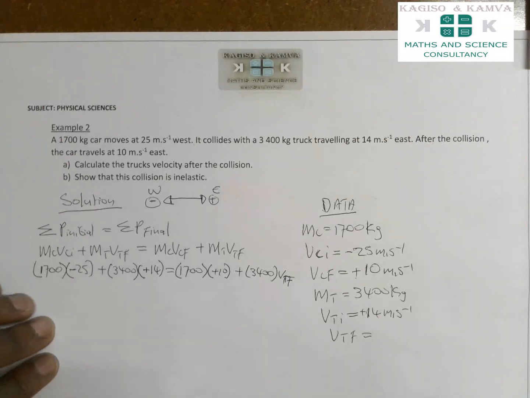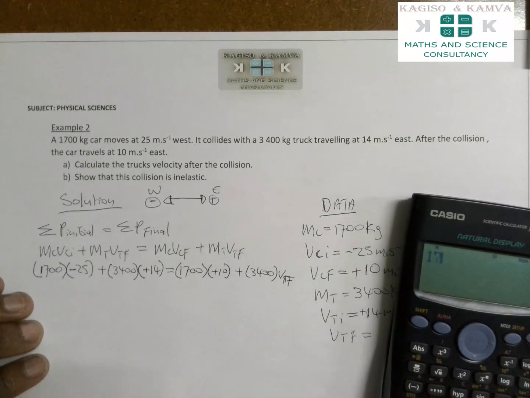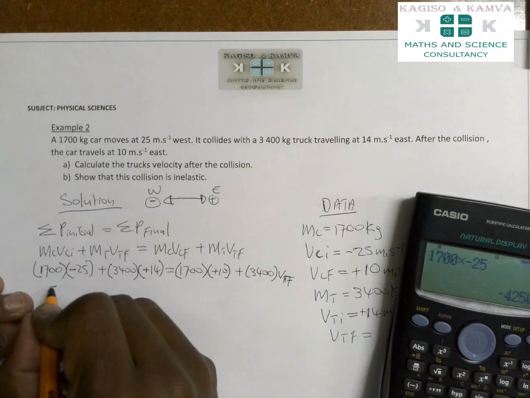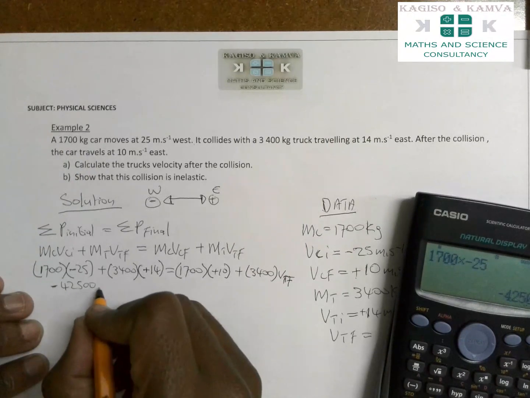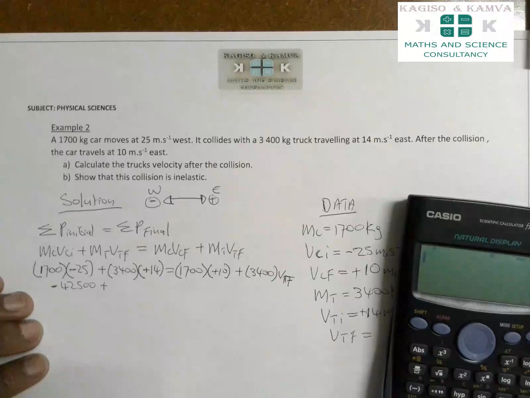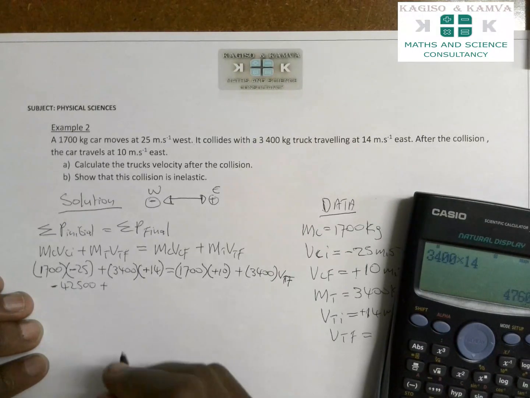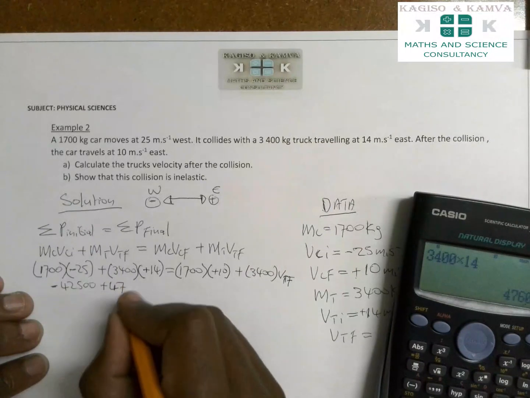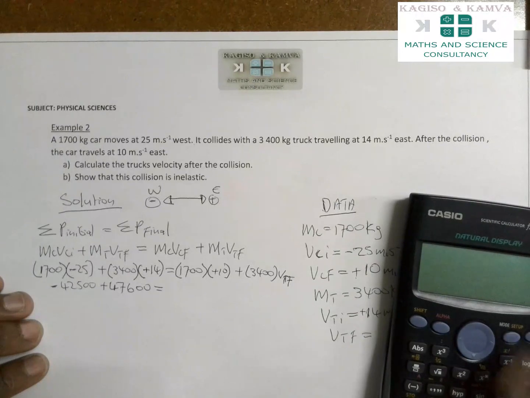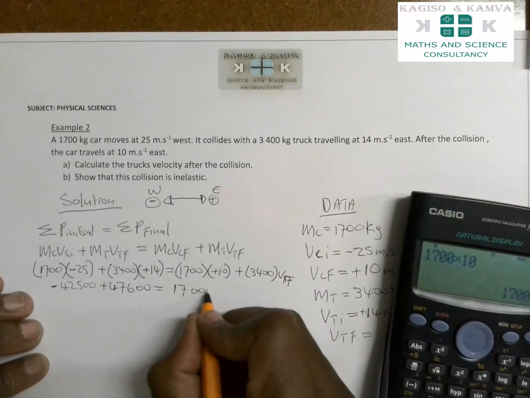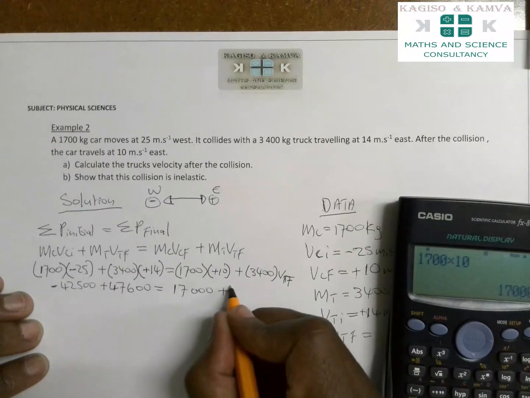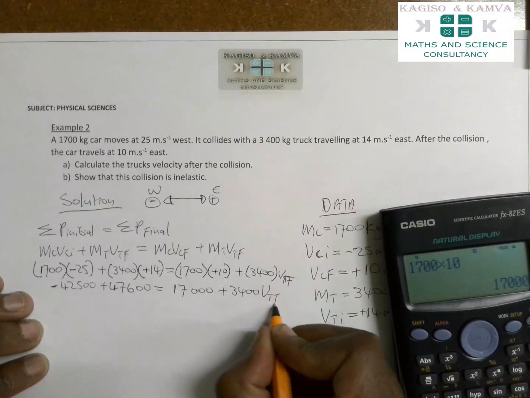So 1,700 multiplied by negative 25 is negative 42,500, plus 47,600, is equal to 17,000 plus 3,400 times the final velocity of the truck.